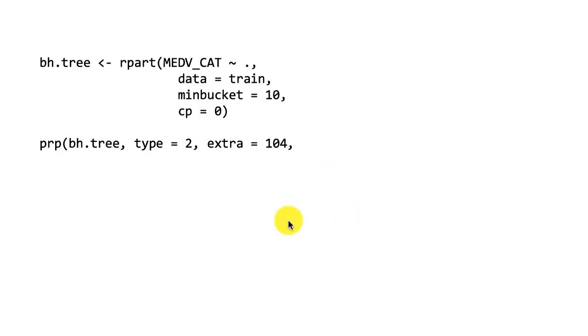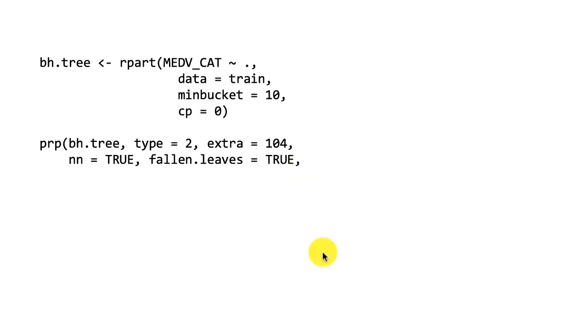I've just done a little bit of experimentation and chosen these particular arguments that make the printout look the way we've been used to in this course. Okay, so we're saying type equals 1, depending on the type of node we want. Extra contains some information that is displayed. Once again, the documentation will tell you. nn is true, which means we want the number of cases which are in a node to be indicated. fallen.leaves equals true.